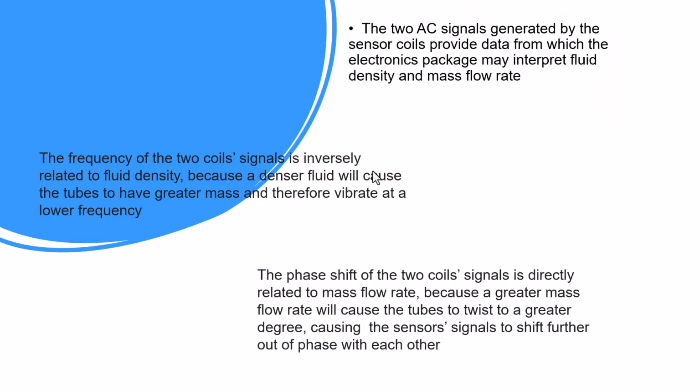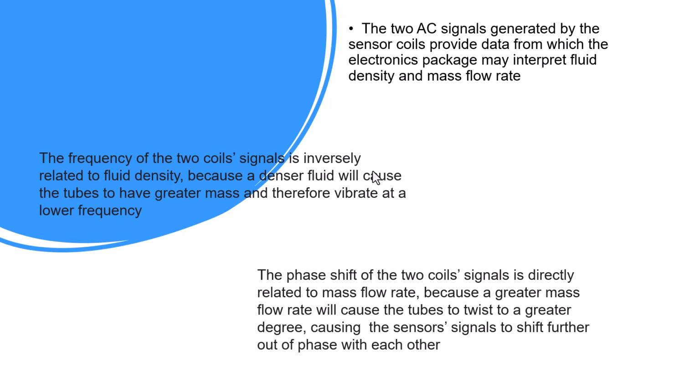The two AC signals generated by the sensor coils provide data from which the electronics can interpret fluid density and mass flow rate.